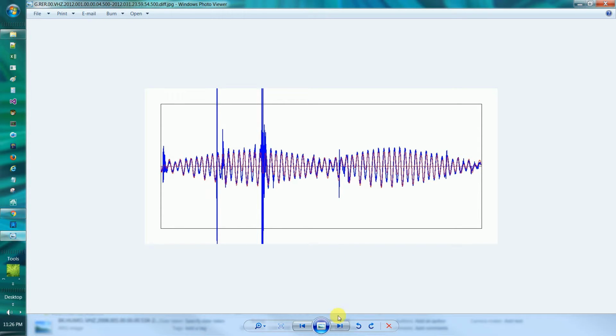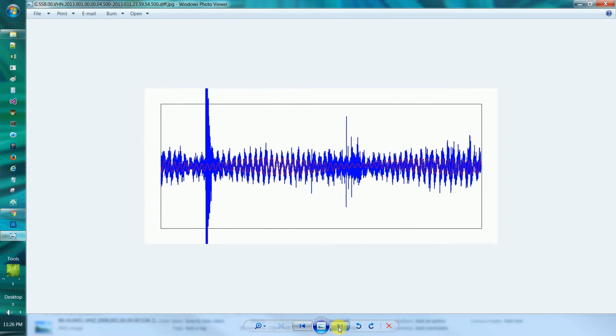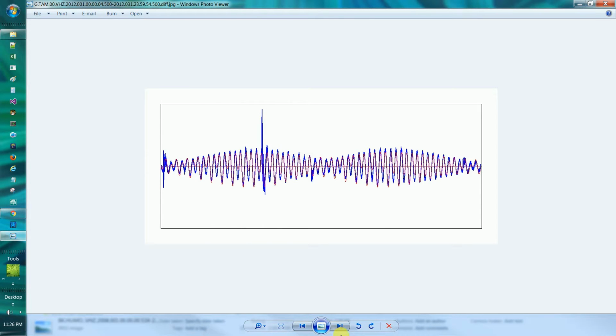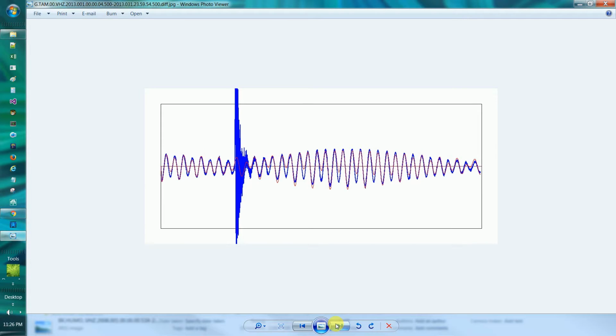All right, let me just quickly flip through here. What was that one? I like it when they fit fairly closely. Again, I don't know. Now, I did a lot of research on the instrument response, and it could be that in some of these, what I'm seeing is a nonlinearity in the instrument response.